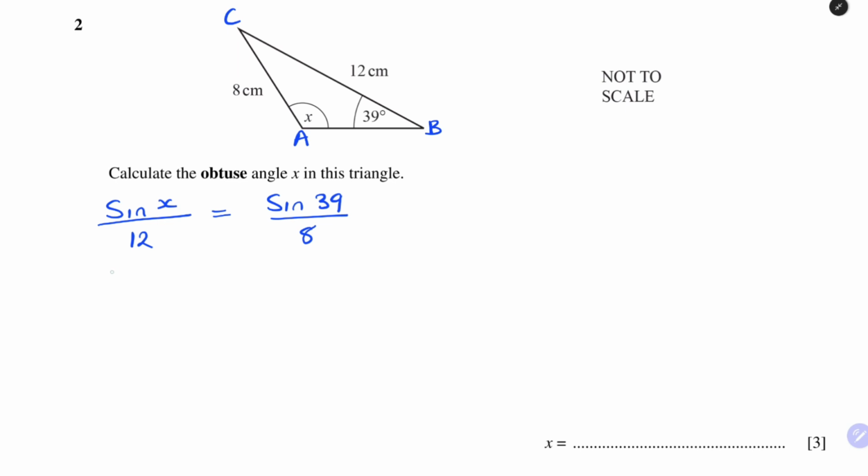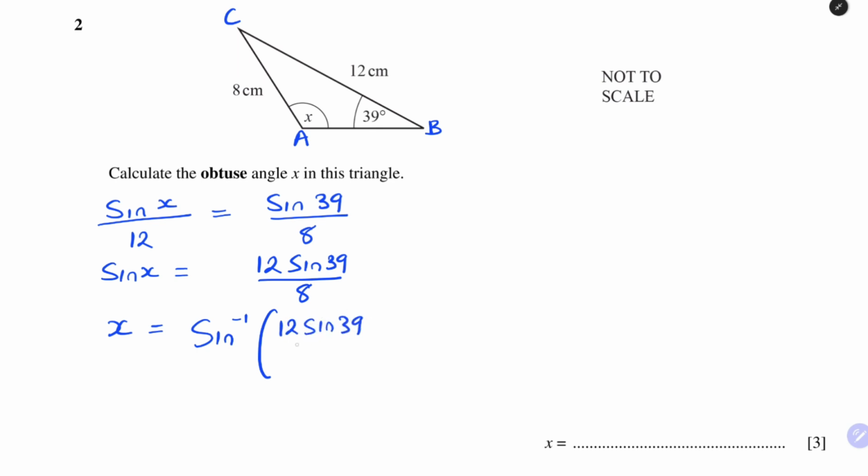It means that sine x will be given by 12 sine 39 over 8, which means that x is the sine inverse of 12 sine 39 over 8.